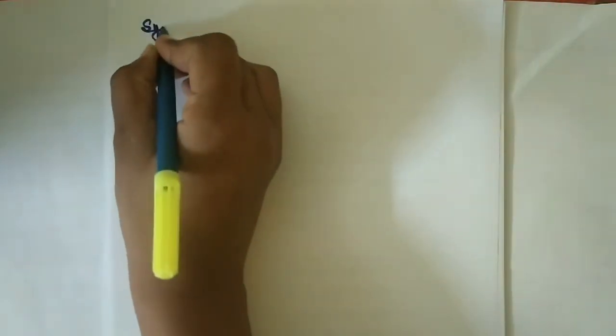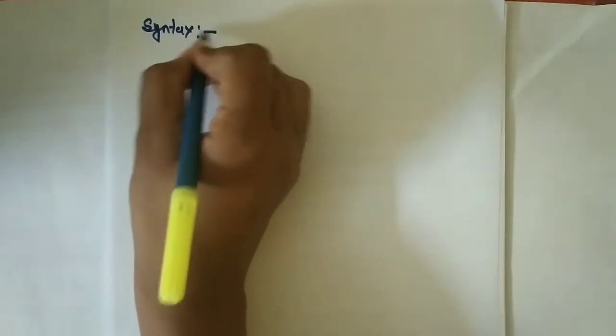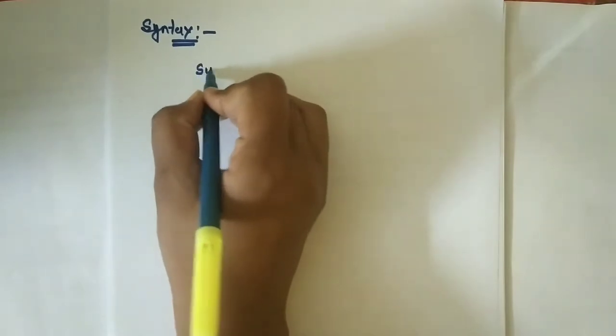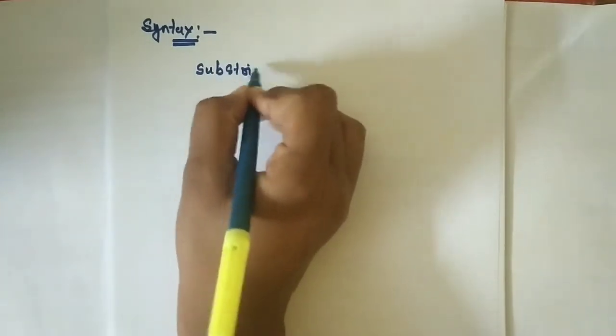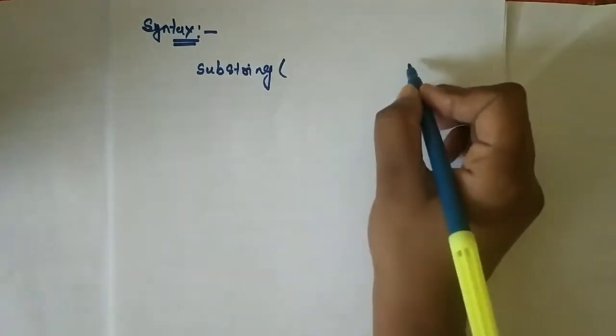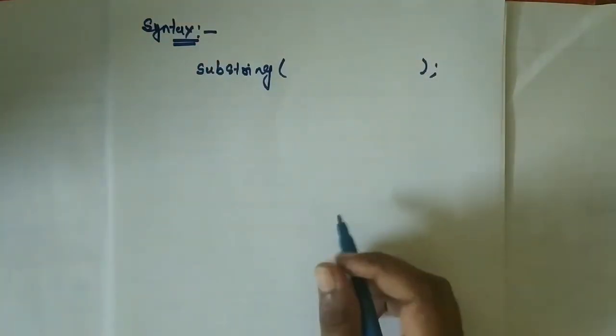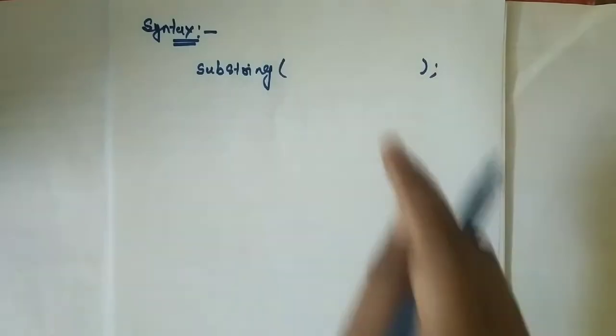So another modification of substring is that, suppose I write the syntax here, another substring function. See, in the previous function there was only one index, but now in this function there are two indexes.